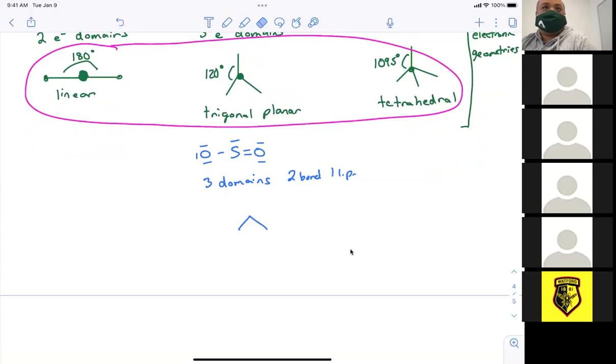Bent. That's the shape. This is bent. Angular or bent. Does everyone see what I did there? With molecular geometries, the lone pairs are removed from the shape and all that's left is just the bonding pairs. So this is bent. Now the lone pair is still there. It just forces everything down and closer. So this angle ends up being 107.